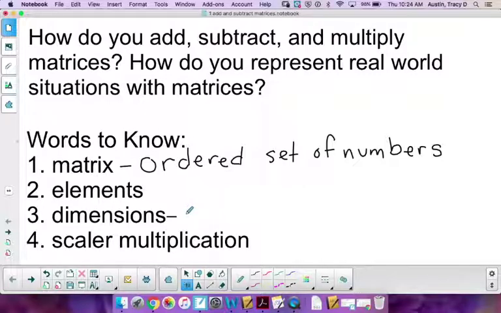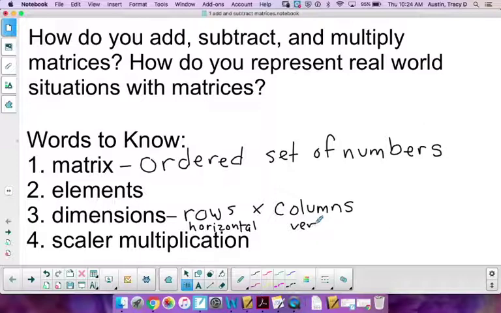And when we talk about matrices, we're talking about rows by columns. Okay, so we talk about the horizontal. Remember, please, that rows are horizontal, they go across. Okay, and columns are vertical, like the columns on a house.